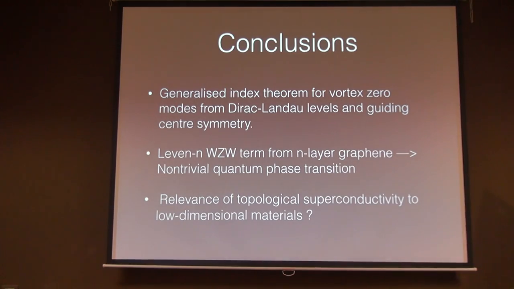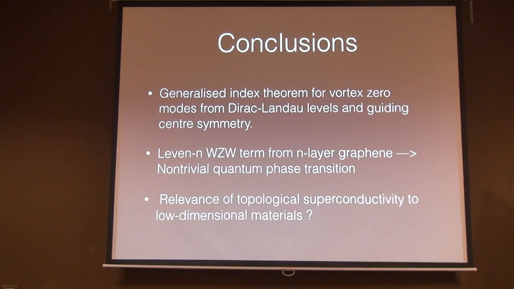Okay, so this is my conclusion. I found how to find a generalized index for the vortex in various Dirac systems. And from the zero mode, we can conclude, without doing the complicated diagram technique, that there will be a level n WZW term in this system.